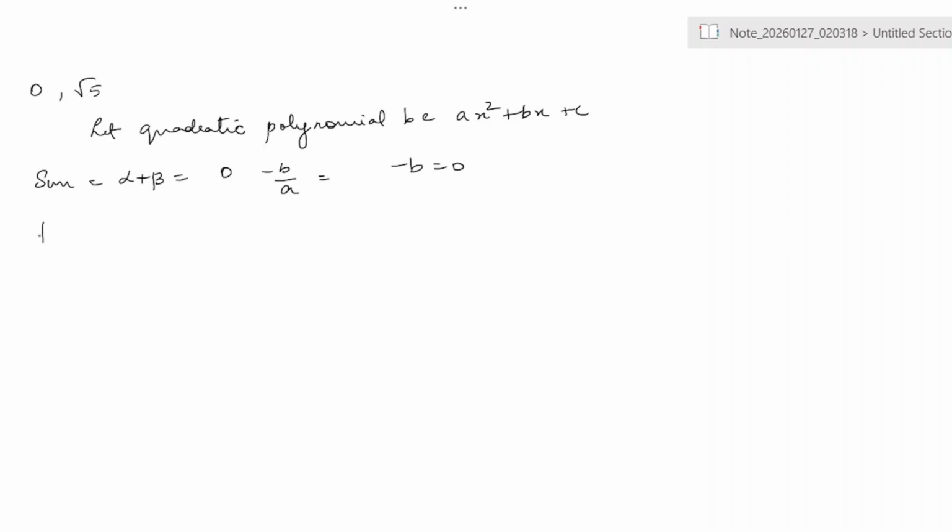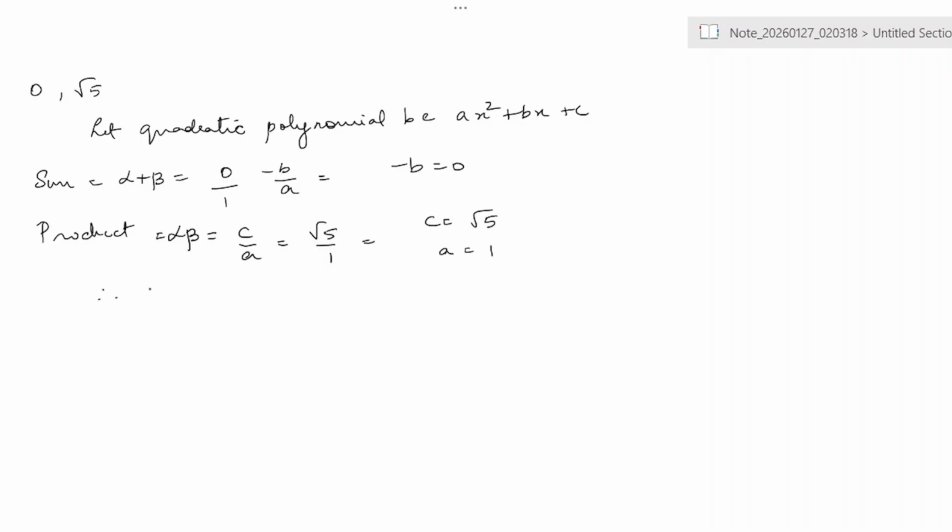Then product is 0 by 1, c by a, that is root 5 by 1. So this is c by a, so c is equal to root 5 and a is equal to 1.